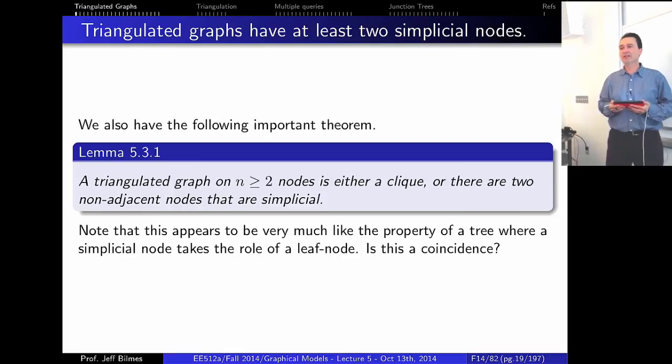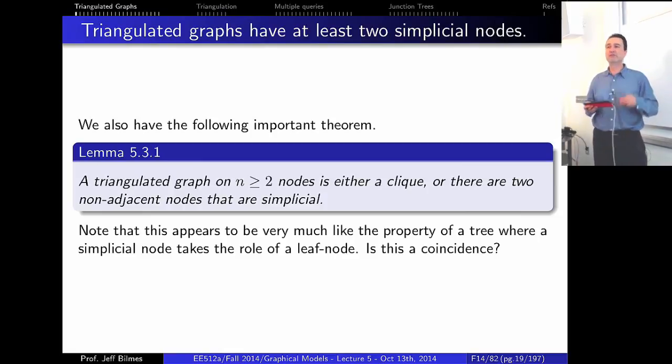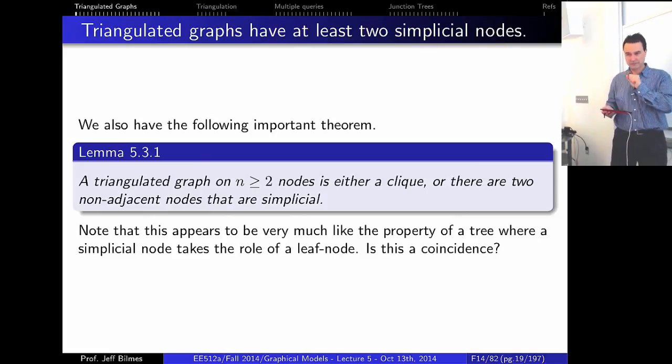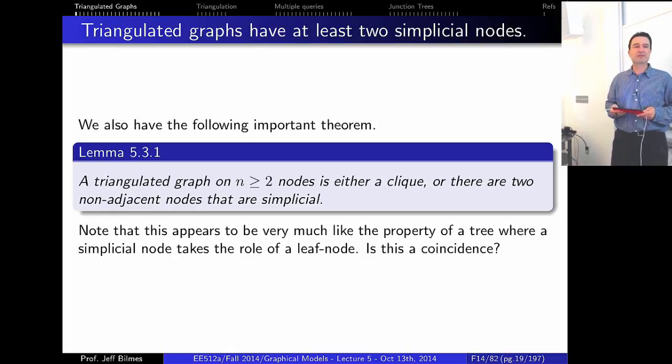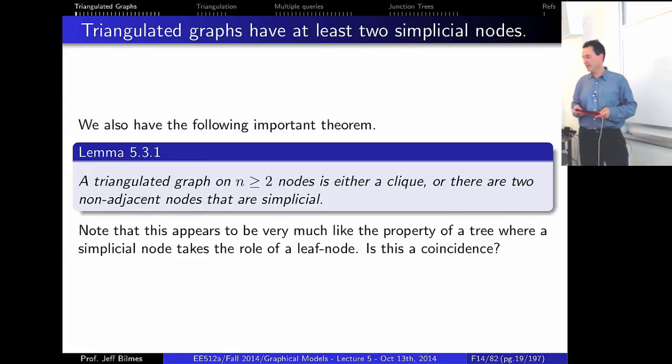So it's either a clique or the triangulated graph has at least two simplicial vertices. And so this should very much remind you of the property that we saw in the case of trees when we said that a tree has at least two leaf nodes. And a tree we saw was a triangulated graph. And what are the simplicial nodes of a tree? They are the leaf nodes, right?